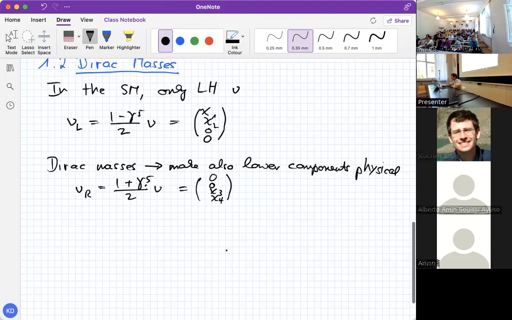This now allows us to write down a term in the Lagrangian that couples the 2 fields. So we can now write a term of the following form: sum over 2 flavor indices, alpha and beta, both of them run again over e, mu, and tau. There is a numerical coefficient, which we call the mass matrix, M alpha beta.